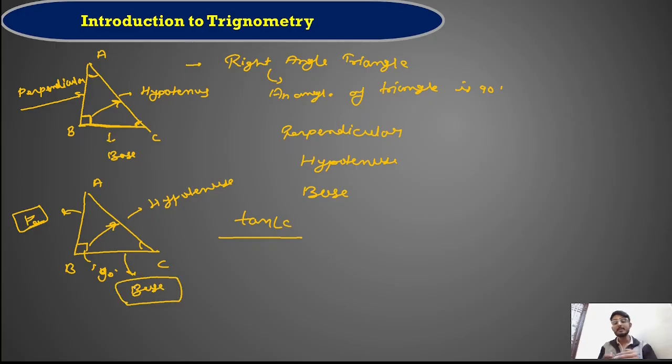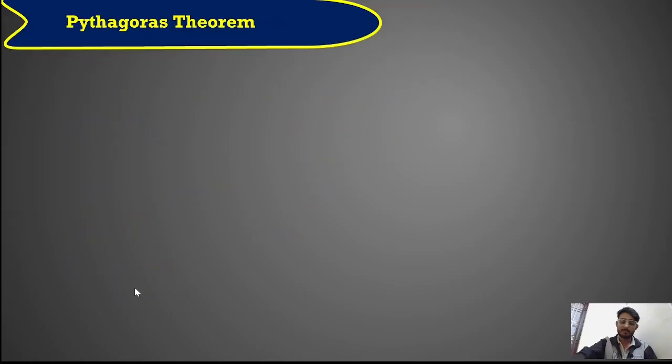Now by base, perpendicular and hypotenuse, a mathematician Pythagoras formed a theorem which is known as Pythagoras theorem. Now we will talk about the Pythagoras theorem. What is the Pythagoras theorem, and what can you find by it? Pythagoras theorem is always applied in a right angle triangle.